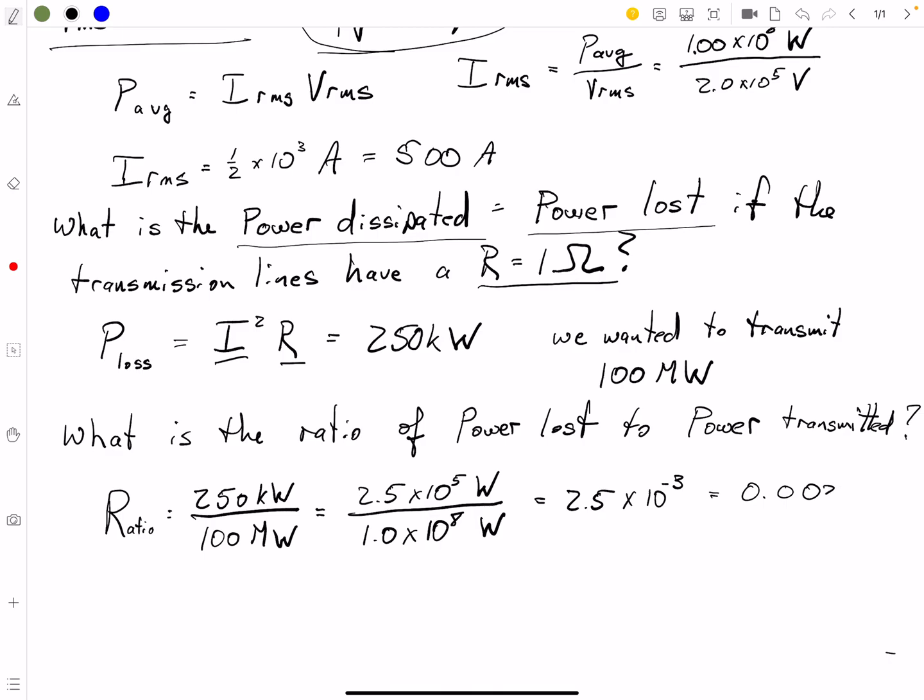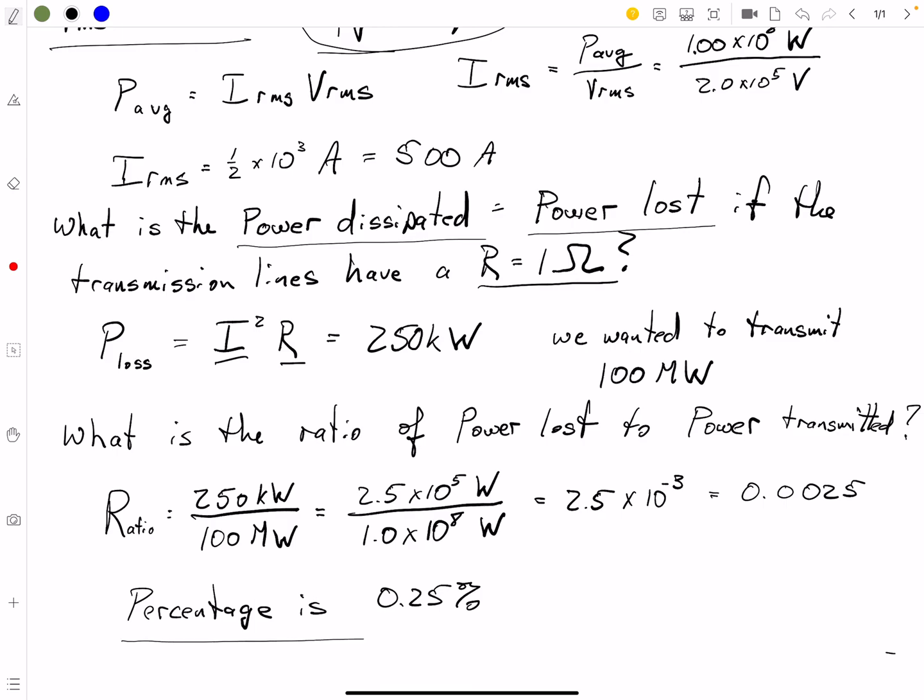Minus 3, 1, 2, 3. That does it. So it's 0.0025. Now, if we want a percentage, we multiply by 100, and so the percentage is 0.25%. Okay, so we've lost 0.25%.